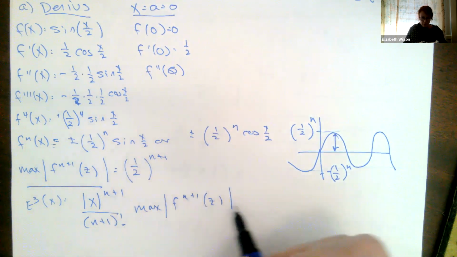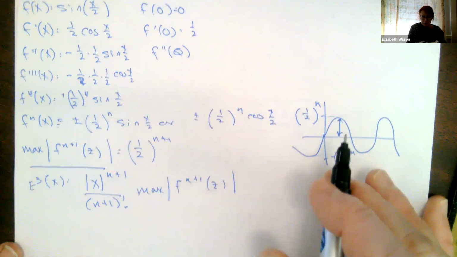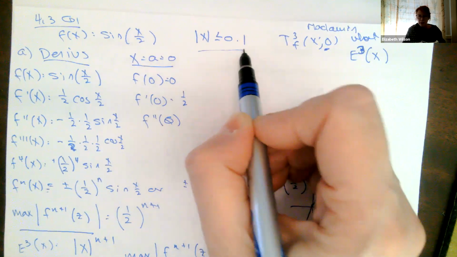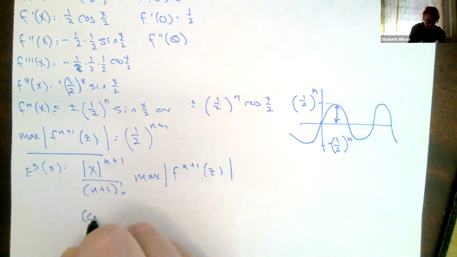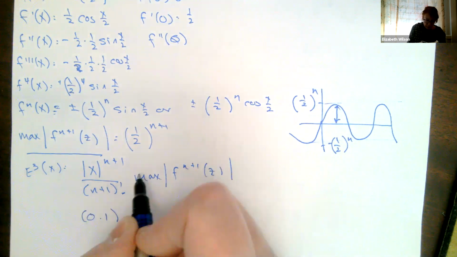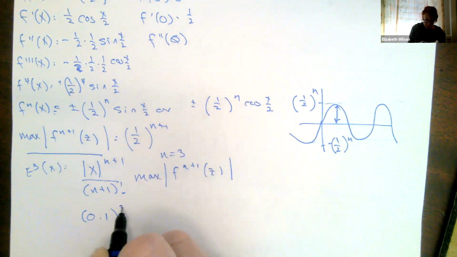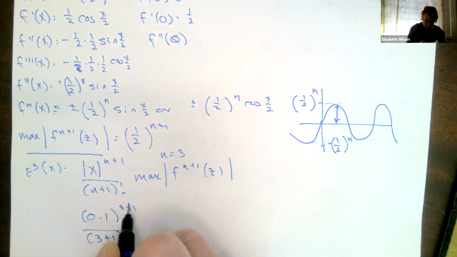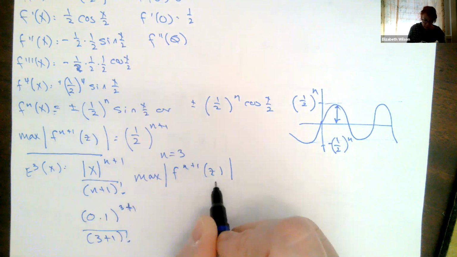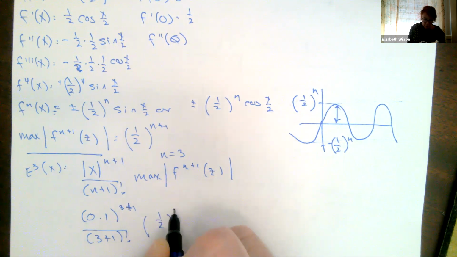So let's fill in the blanks. They told us at the beginning, the absolute value of x was less than 0.1. So I want the upper bound, so I'm going to plug in my highest value. My n equals 3, so this becomes 3 plus 1, 3 plus 1 factorial. The max, we already did this part. This is 1/2 to the 3 plus 1.